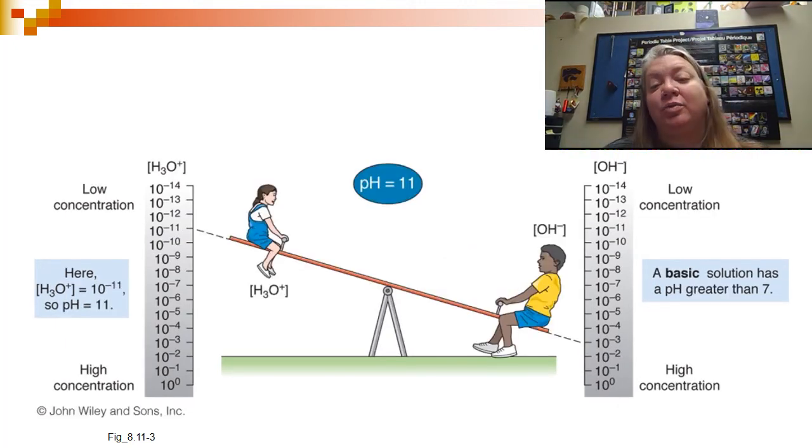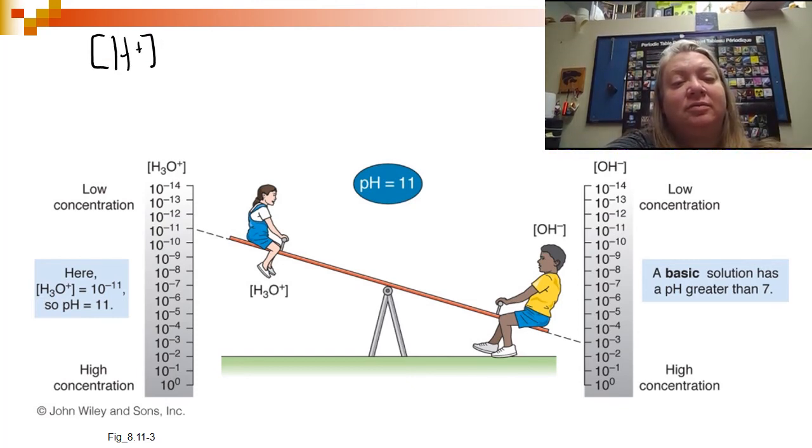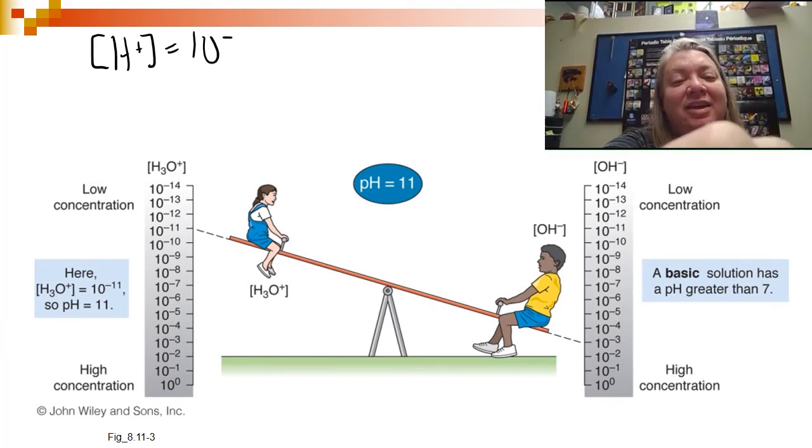Well, here again, we changed the concentrations of our H plus and our OH minus. In this case, we actually flipped them. Our H plus is 10 to the negative 11, and our OH minus is 10 to the negative 3.